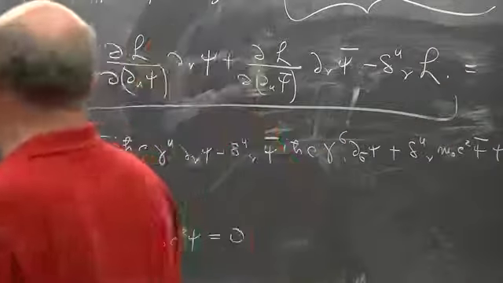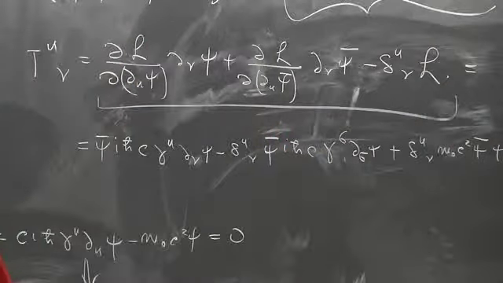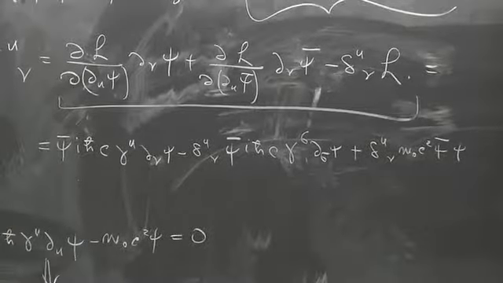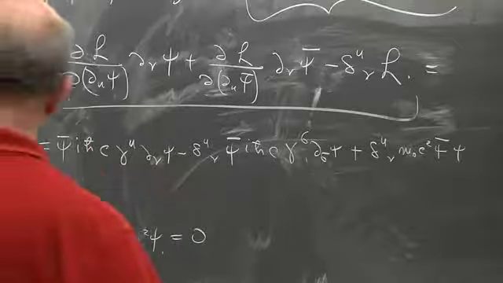Okay, so this is the energy momentum tensor. What is the use of it? The use of it is that one component, if you remember, the T00 is related to the energy density.